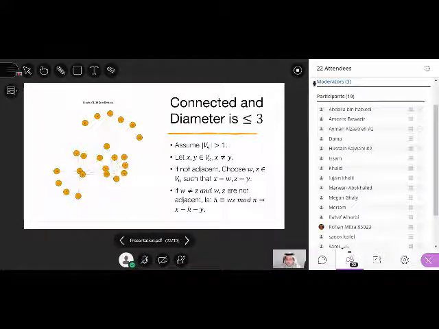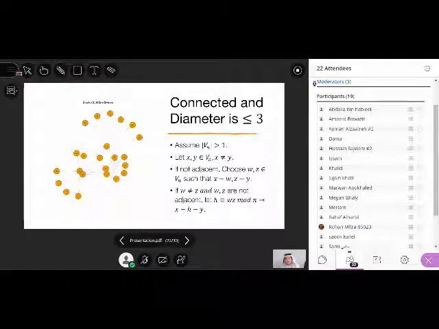If y and z are equal, then end of story: x goes to z, goes to y. That's the path, and it has length 2. Now, if w is not equal to z, but they're adjacent, then again we have a path with a length of 3, so the distance is 3.